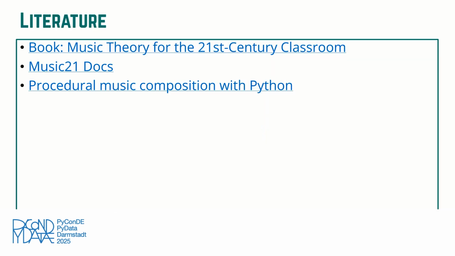For example, I mentioned minimal music in the beginning with the composer Philip Glass, and I mentioned in the end this article here, which is called Procedural Music Composition with Python. I cannot show it right now because my Wi-Fi won't work, but this is a paper which deals with exactly this type of question, generating minimal music with Music21 in the style of, for example, Philip Glass, Steve Reich, or Arvo Pärt.